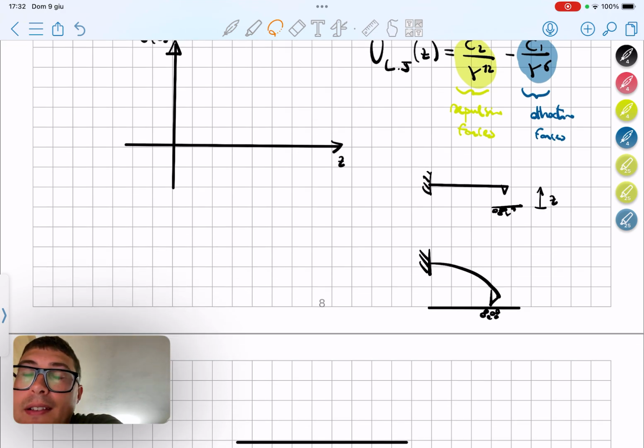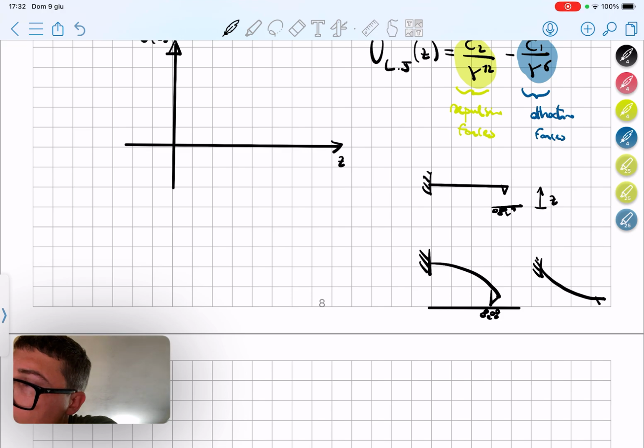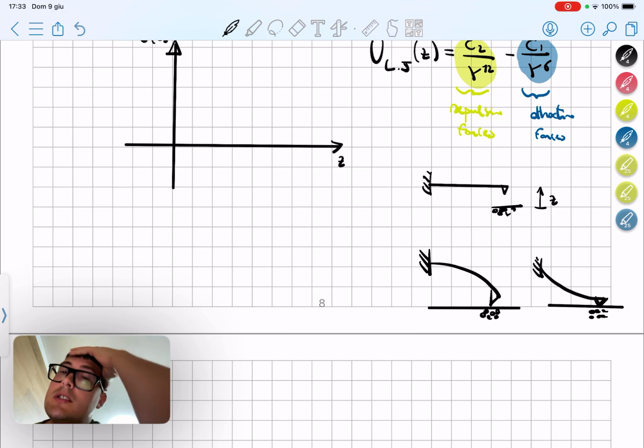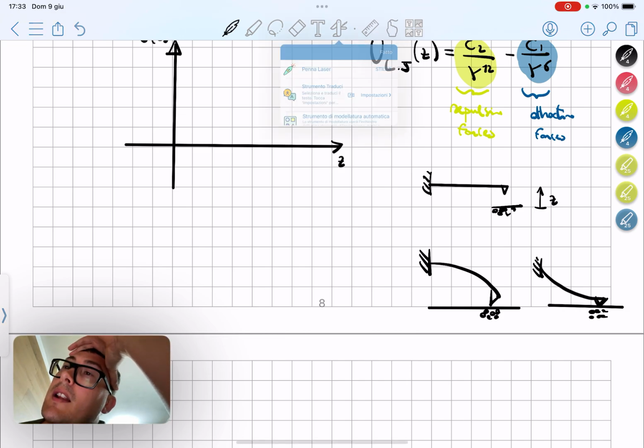If we keep pushing the cantilever down, it is still bending, but in the opposite direction. The reason for this change of the curvature, this inflection of the cantilever, is due to these repulsive forces. So it's somewhat complicated, and it's getting worse, as I will tell you in a second.